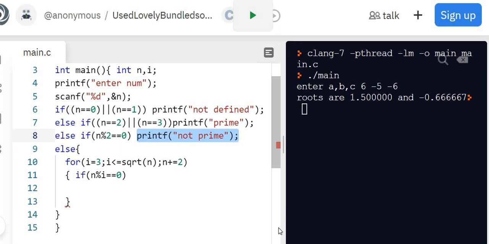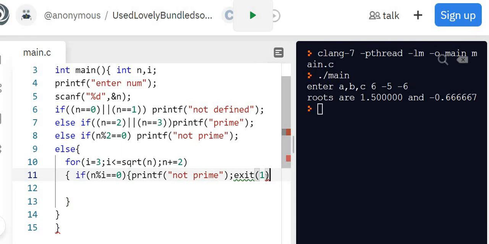Once you understand that it is not prime, you need not continue for the next checks. So you can exit. So these two statements need curly brackets because these are two statements. If it is a single statement, then curly bracket is not necessary.